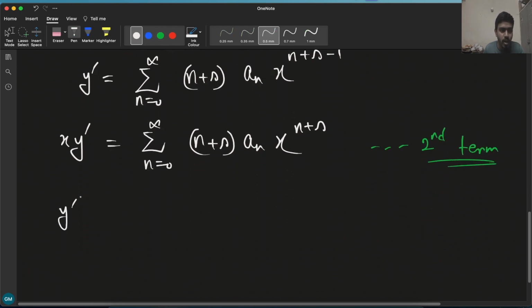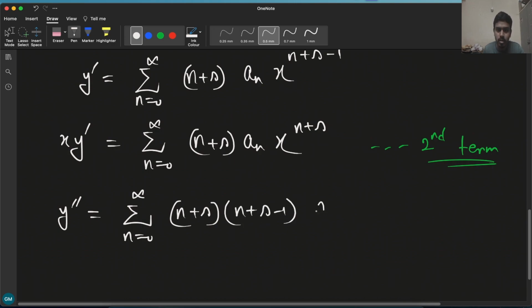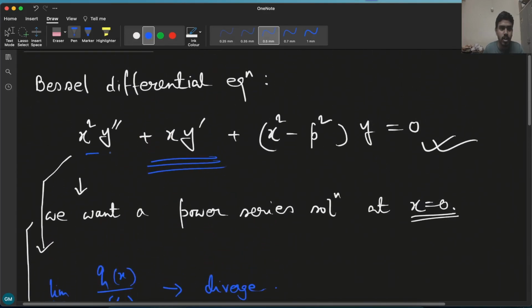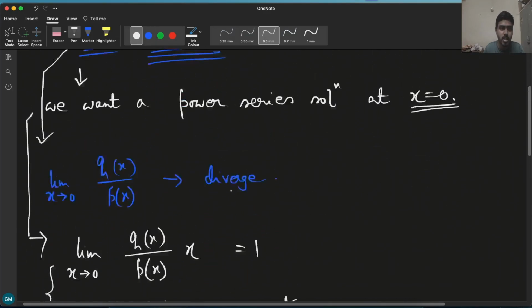Now if we calculate y double dash, that will be sum over n equals to 0 to infinity of (n plus s) times (n plus s minus 1) a n x to the power n plus s minus 2. And the first term is x square y double dash.